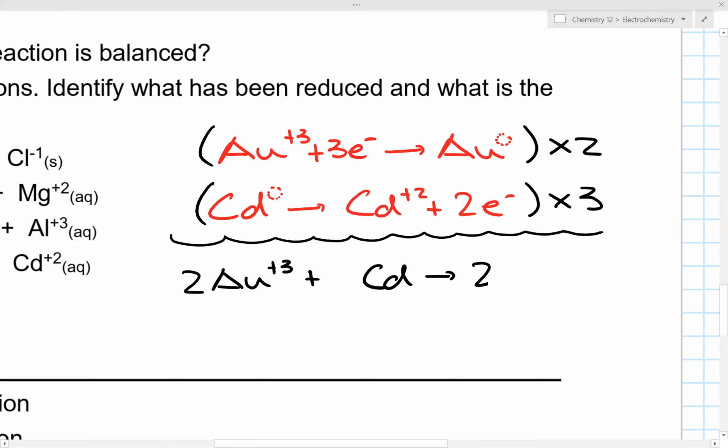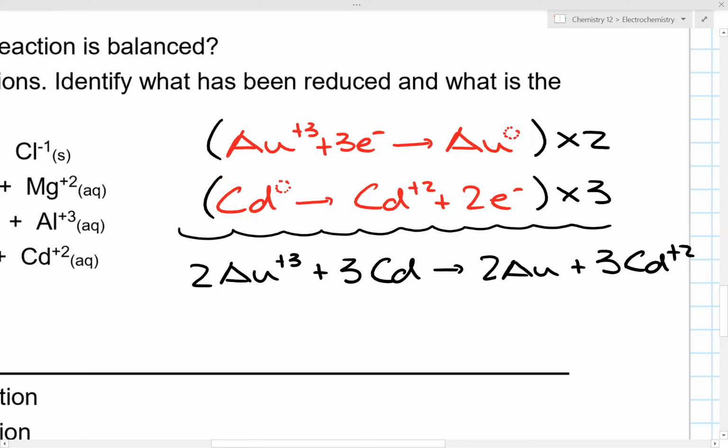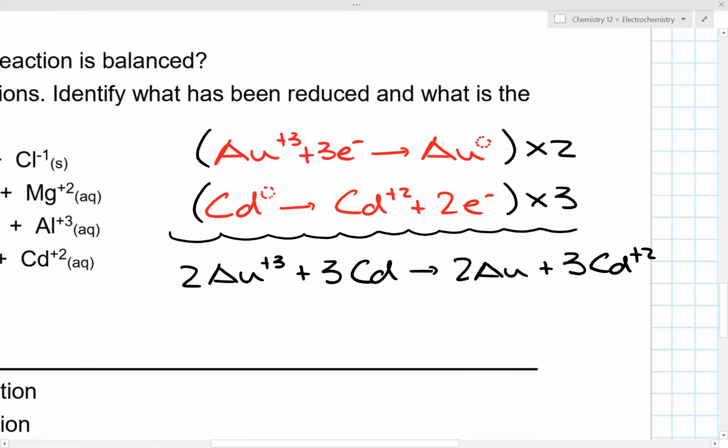So we have 2Au 3+ and 3Cd gives you 2Au and 3Cd 2+. Now, that's how you would do it. You break it down into their individual half reactions, figure out how many electrons are either lost or gained, balance the electrons, and then put them back together.